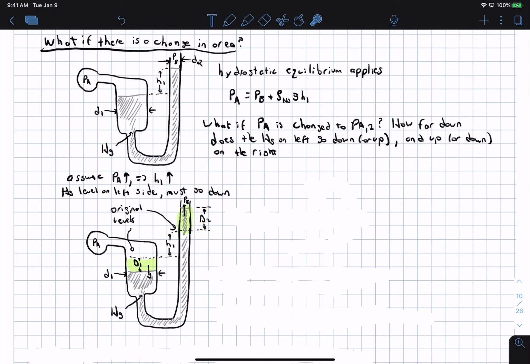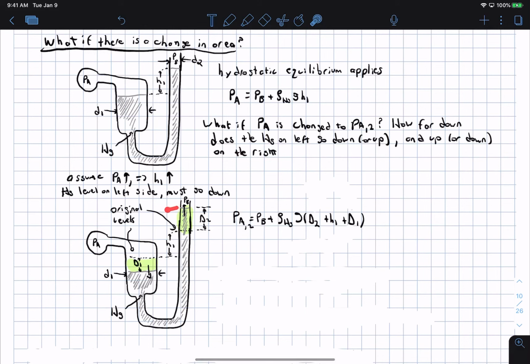So now let's apply static equilibrium to this configuration, and we find that PA, the changed pressure, is equal to PB plus rho g times the total height between this height and this height here.